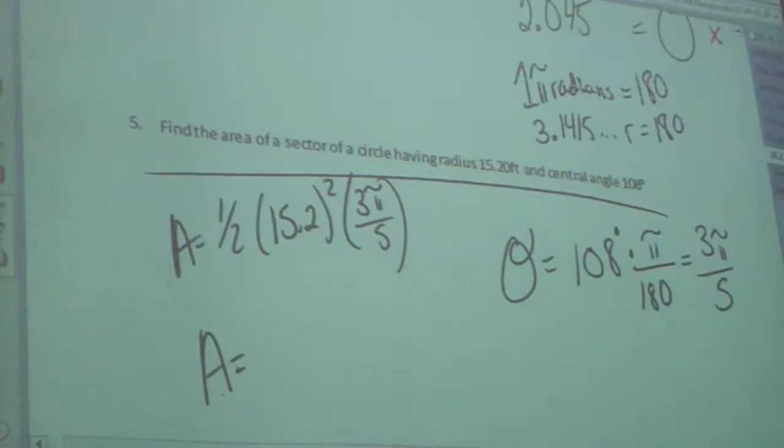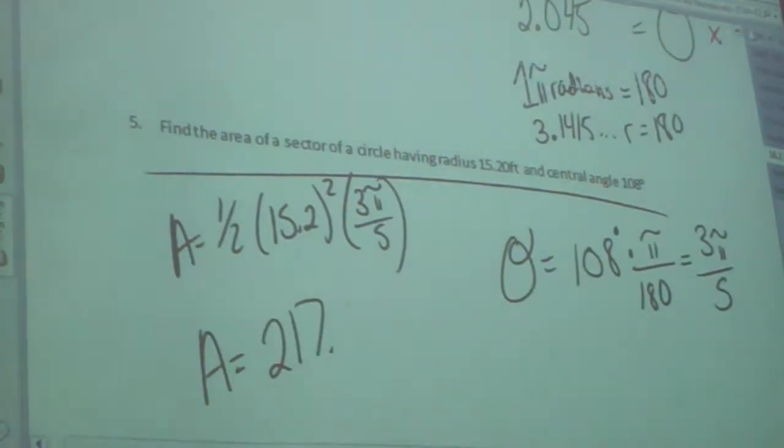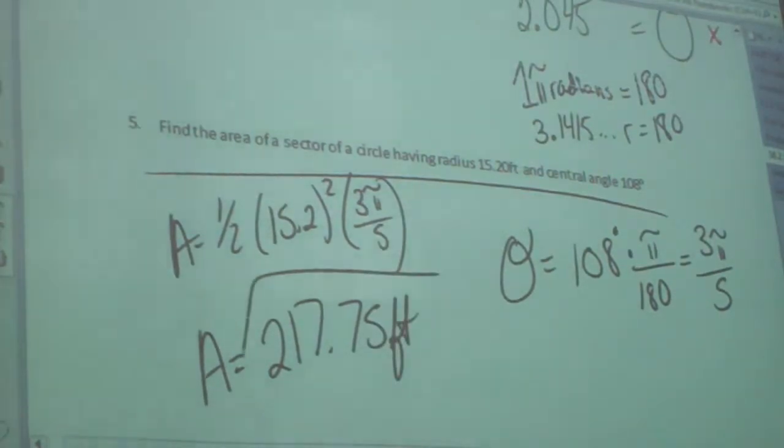Why did we do 3 over 5? That's the radian measurement. What did you guys get? Alan, what did you get? 217.75.